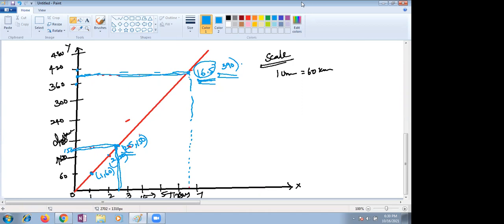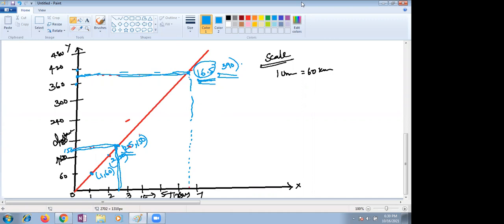First step, Vishnu: whatever the given condition here, in 1 hour, how much distance is traveled? 60 kilometers. So like that, if you build your graph, you're supposed to take the equation y equal to 60x, and then you can find the values of y.